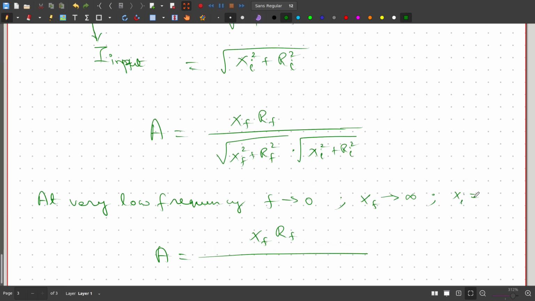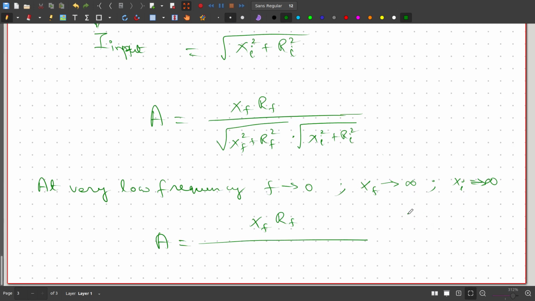They are not equal to infinity, but they have very high reactance. So if we substitute this here, then we cannot get any meaningful amplification value.